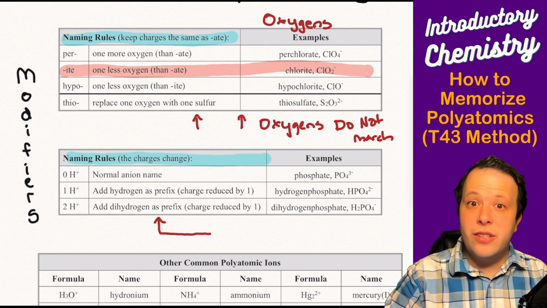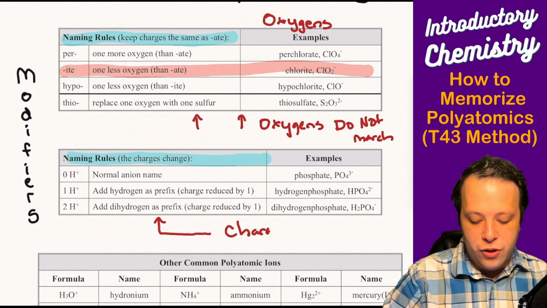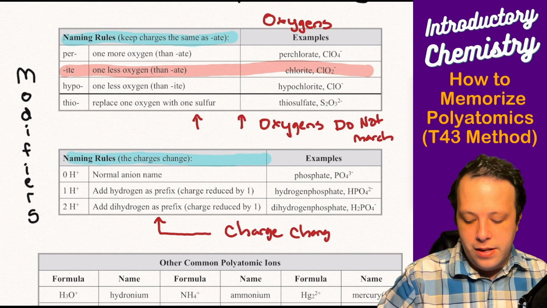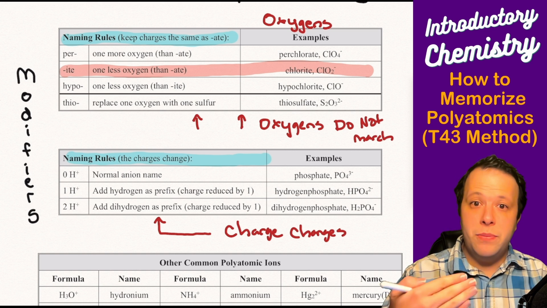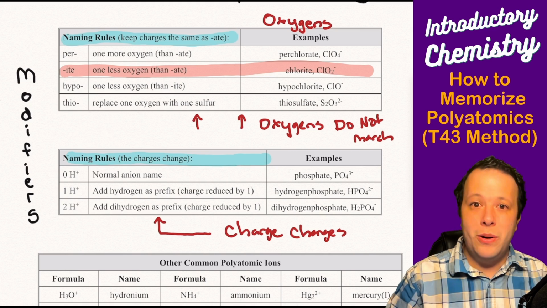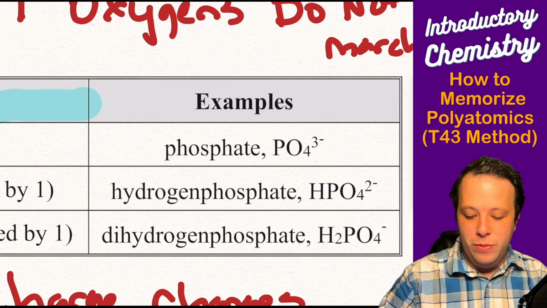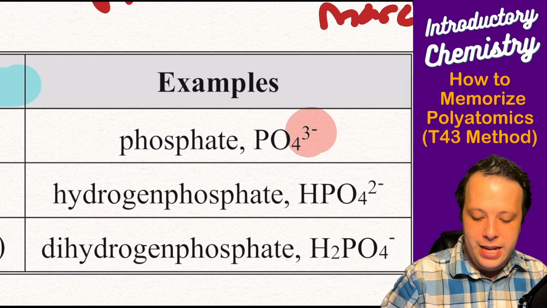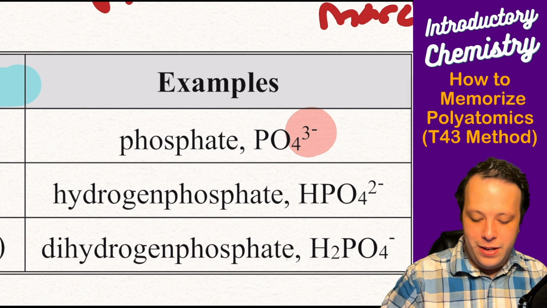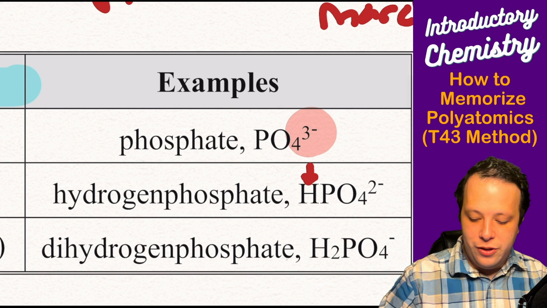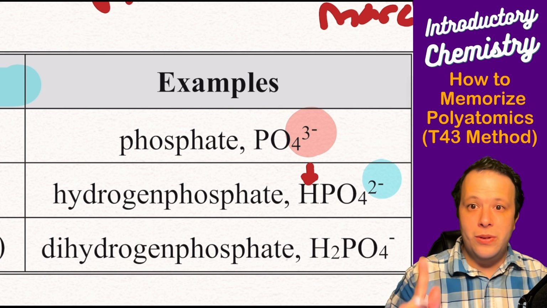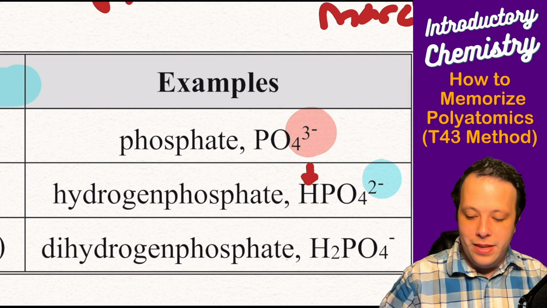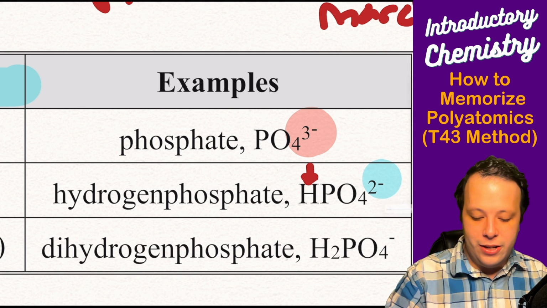Essentially, it alters the charge. For every H plus you add, it offsets the charge by 1. If I zoom in, we have phosphate, which has a -3 charge. If I add a single hydrogen, the charge is now -2.